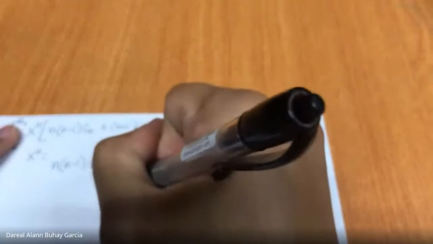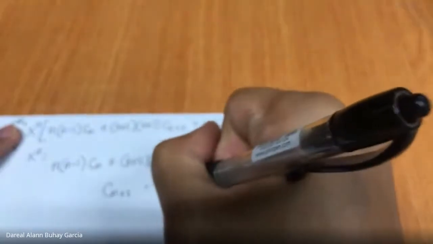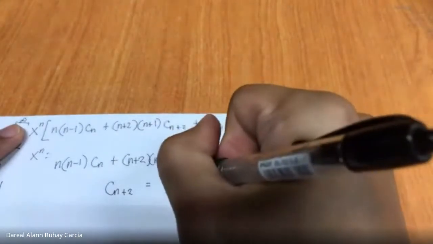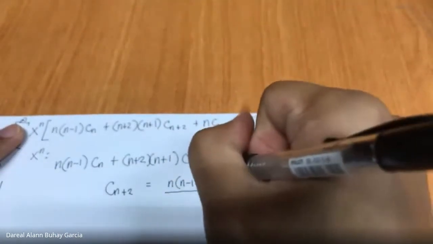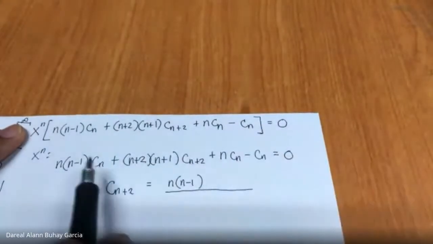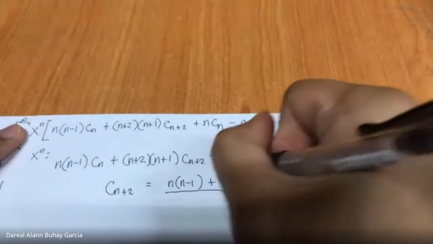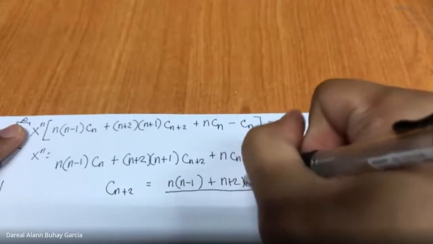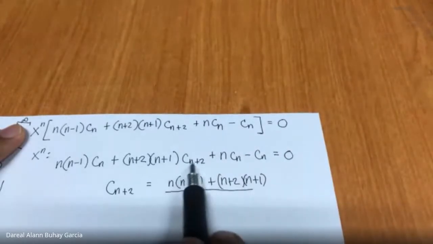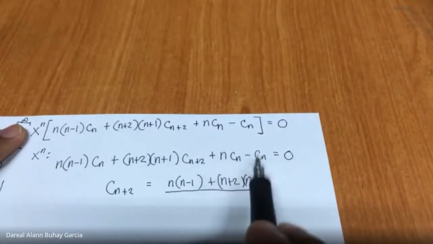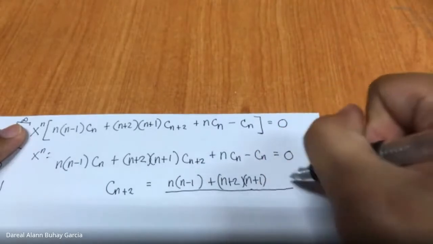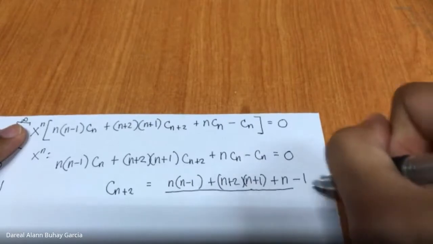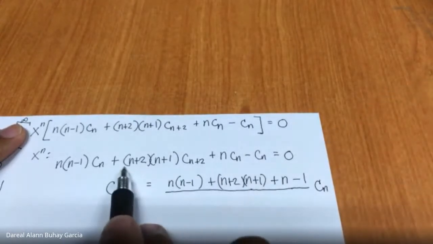This become cn plus 2 is equal to n minus 1 plus n plus 2, n plus 1 plus n minus 1 times c sub n all over this one.